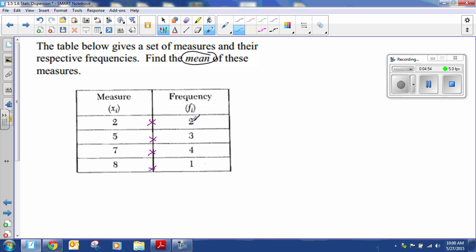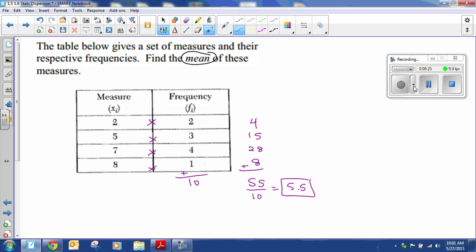Because there are 2 people that answered 2, 3 people answered 5, 4 people answered 7, and 1 person answered 8, and the sum here is 55. The sum of the frequencies is 10, and 55 divided by 10 is 5.5. So this is the mean.